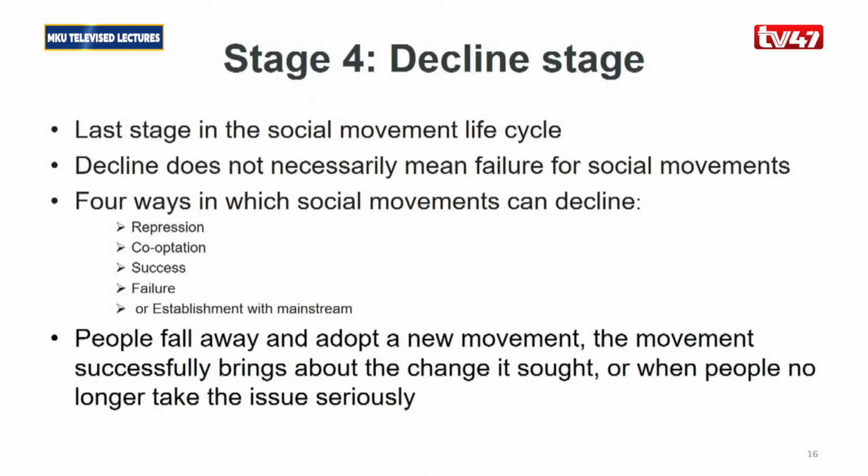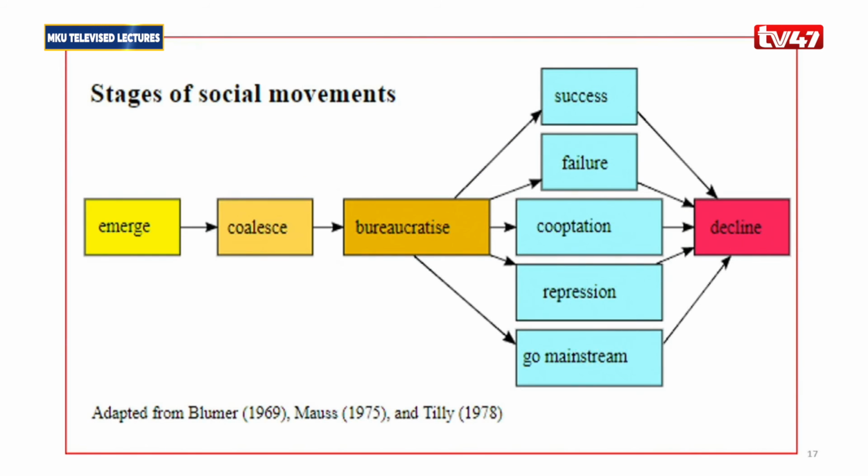Whatever we have discussed in the life cycle of a social movement can be explained using a diagram where it starts with emergence, goes to coalescence, goes to the bureaucratic stage, and the bureaucratic stage here, or institutionalization, can either result in success, failure, co-option, repression, or go mainstream.